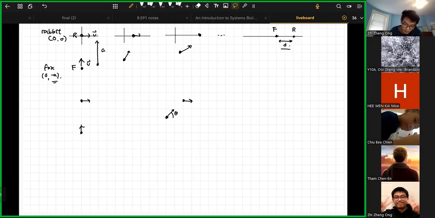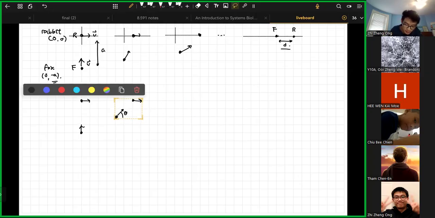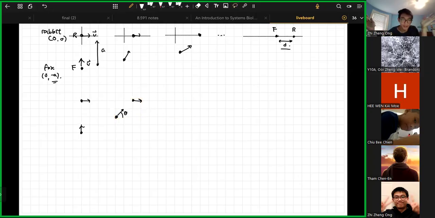Remember, we want to find the separation after a really long time. Suppose we call this R, as R rabbit minus R fox. So how does this velocity vector change? How does this dr/dt change?